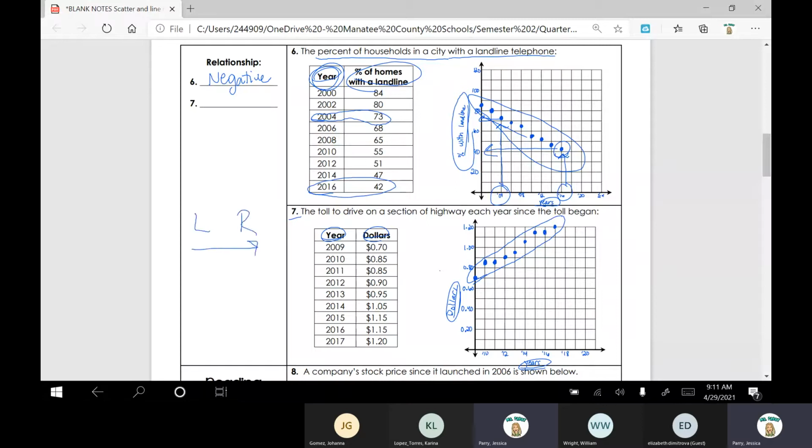If it goes up, it's positive, down is negative, and if it's all over the place, it would just be none. So what is number 7? Positive, negative, or none? You can see here for number 7, it's going from left to right. It's going in the upwards direction. So number 7 is positive.